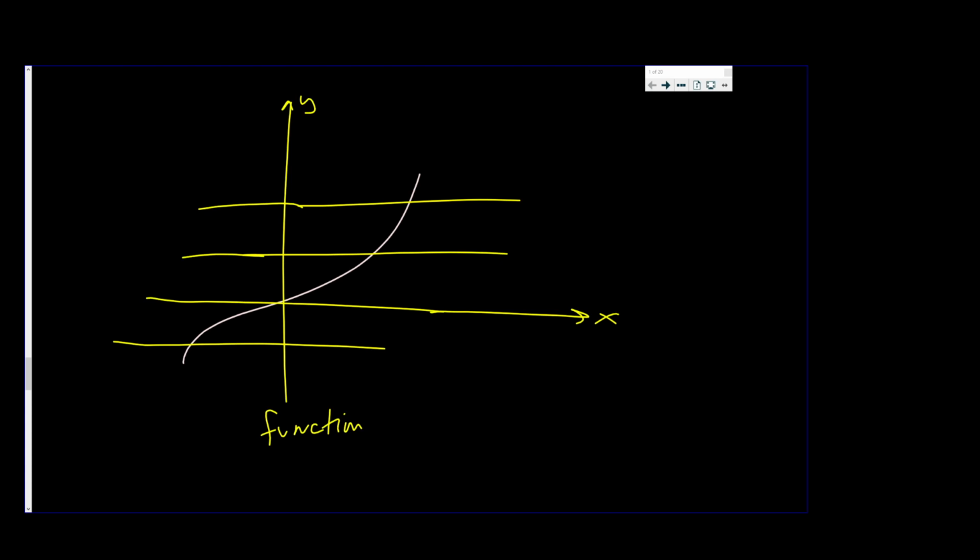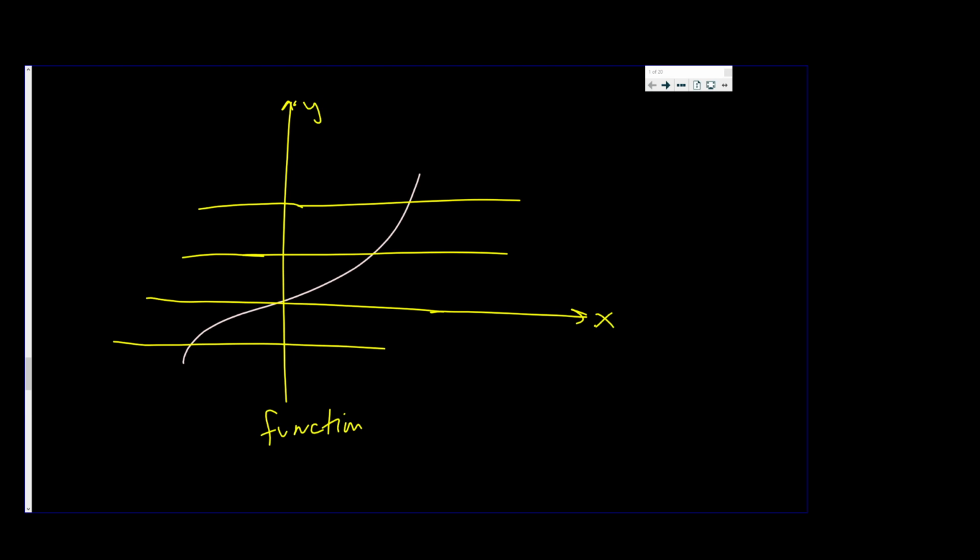But now, if we interchange x and y, which inverses do, let me put it back to the typical x and y for a moment.